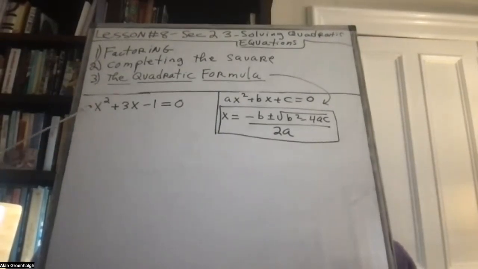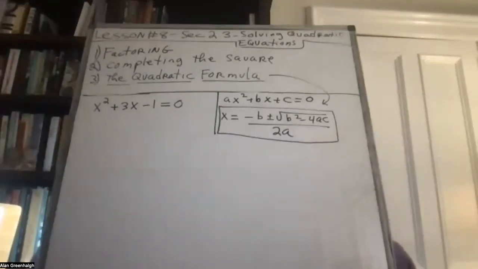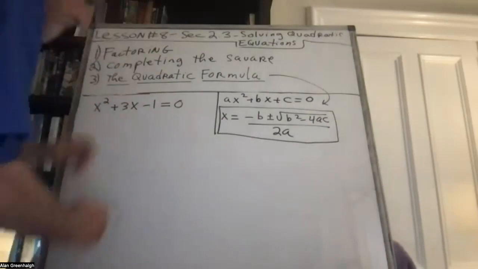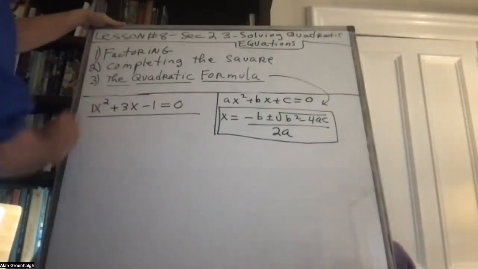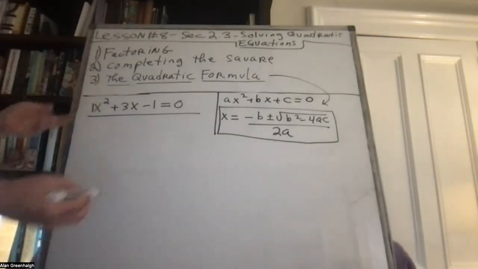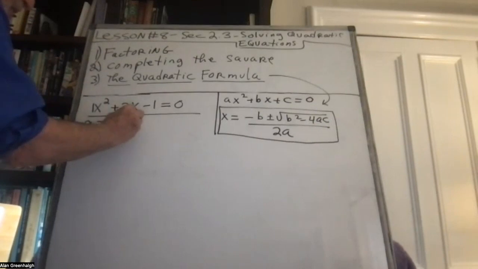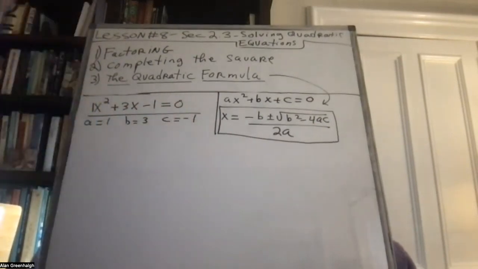So the method that always works is this method right over here. So here's what you do. Here's the problem that you're given, and this is how you would go about doing it. The first thing you would do is identify, put a 1 over there if you'd like, but A is equal to 1, B is equal to 3, and C is equal to -1.